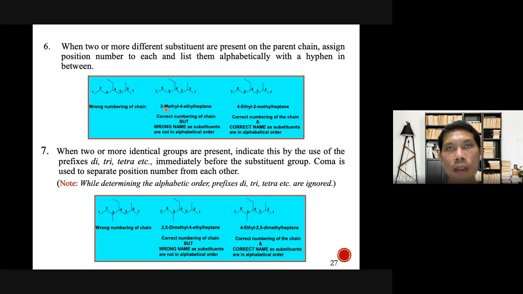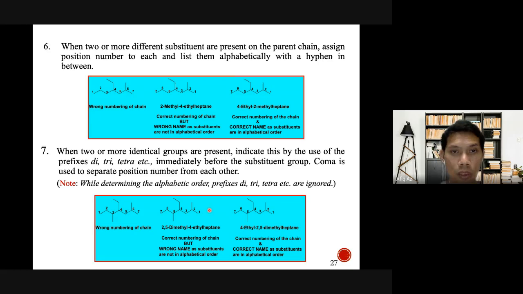Between M and E, E comes first, so it should be written as 4 ethyl 2 methyl heptane. So correct numbering, correct name.